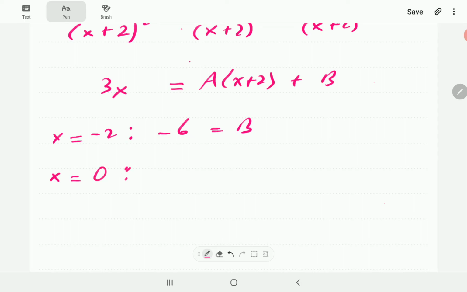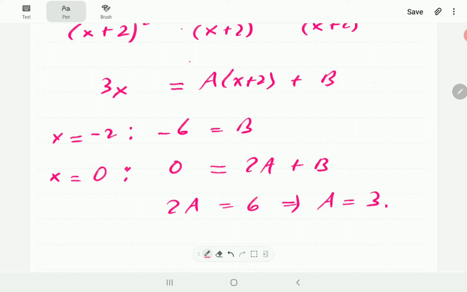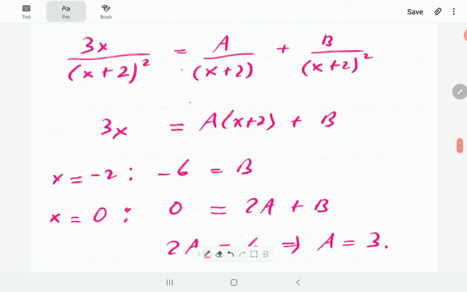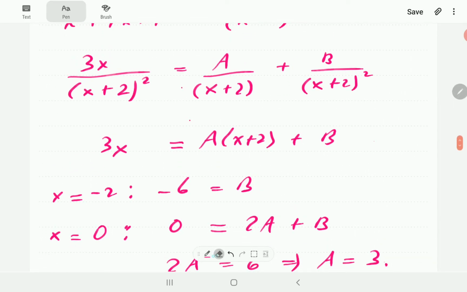If we plug in 0, for instance, this side is going to be 0 and this side is going to be 2A + B, but we already know that B is -6, so 2A = 6, and so A is going to be equal to 3. You can check to confirm that if you try any other value of x, you get exactly the same solution. So we're going to plug in -6 here and 3 here.